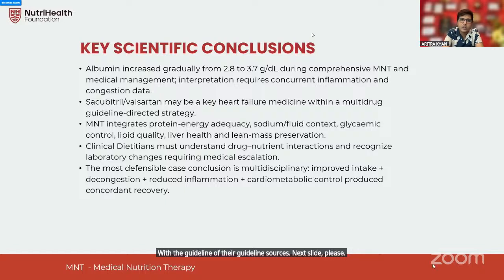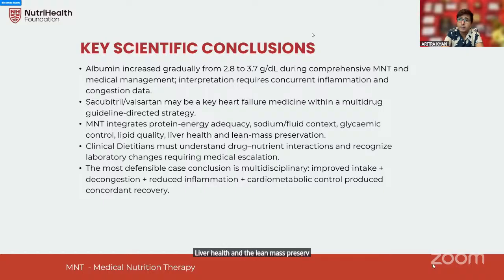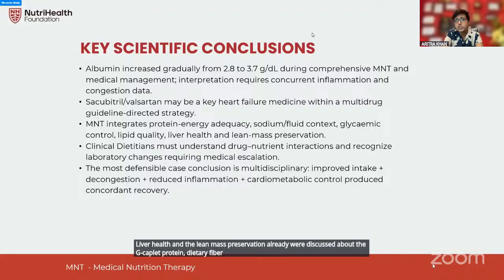So, key scientific conclusions: albumin increased, already shown. Sacubitril valsartan may be a key heart failure medicine within a multi-drug guideline-directed strategy. A lot of concomitant medications were there. MNT integrates protein-energy adequacy, sodium and fluid context, glycemic control, lipid quality, liver health, and lean mass preservation. Already we have discussed the whey protein, dietary fiber, and also the branched-chain amino acid.